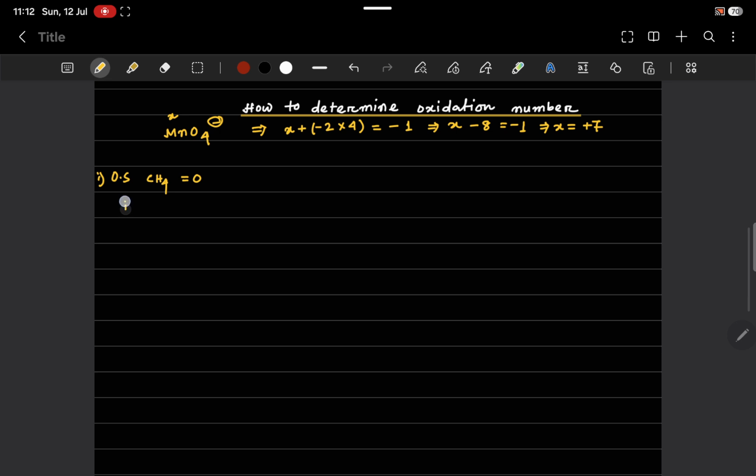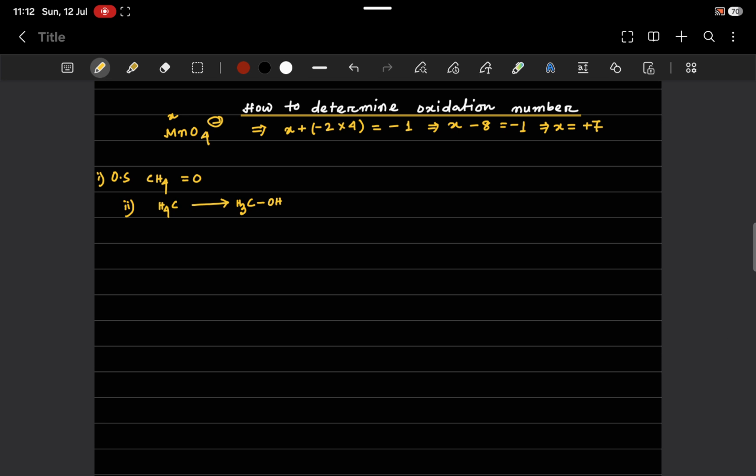I am explaining all the things in detail, how to find out everything, which is very important. Let's say we have CH4, and we go to CH3OH. How do we calculate the oxidation?